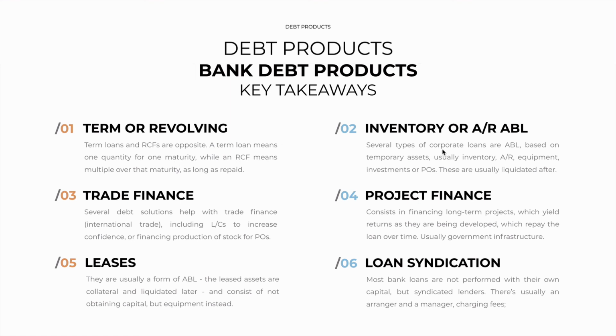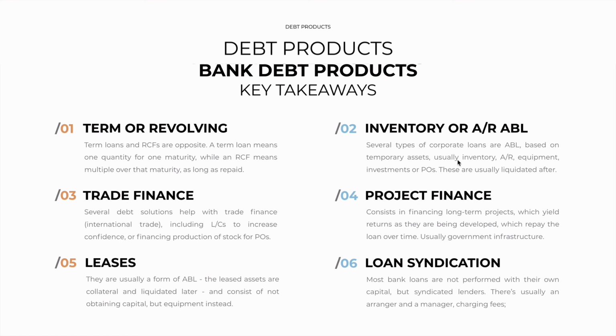Then, there are a lot of different types of corporate debt, which are asset-based lending, and specifically they're used to finance temporary assets, which are usually inventory, accounts receivable, equipment, investments, or purchase orders. They're temporary assets that are always liquidated to pay back the debt.